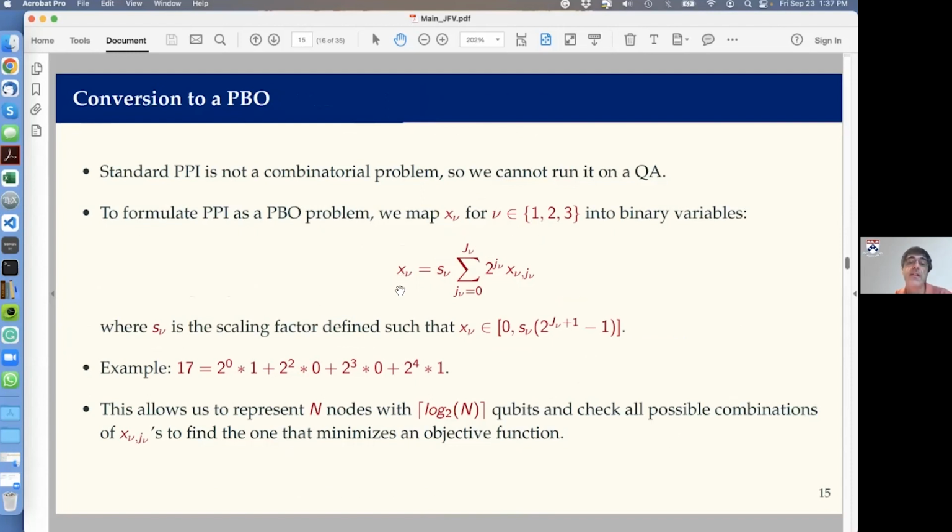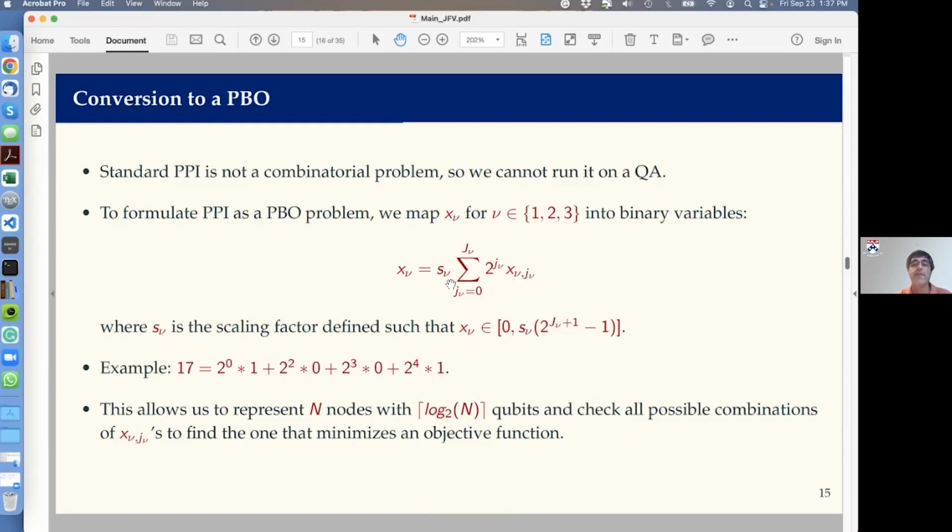With this very easy Boolean function where the x sub mu sub j sub nu is just going to be either zeros and ones. These are going to be twos. And s sub nu is just going to be a scaling parameter such that x belongs in the appropriate interval. So for instance, we know that x1 needs to be between 0 and 1 because it's the amount of output that you are deciding to save.